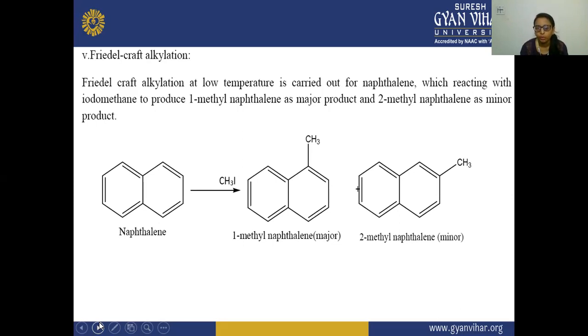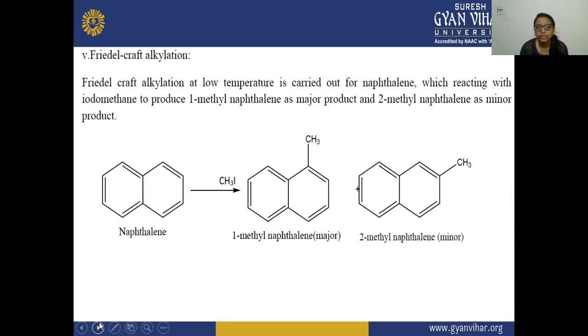This minor product is formed and one major product is formed. In sulfonation also, two products are formed. At low temperature, naphthalene-1-sulfonic acid is formed, and at high temperature, naphthalene-2-sulfonic acid is formed. And in the case of this Friedel-Crafts alkylation, it occurs at low temperature, not at high temperature.